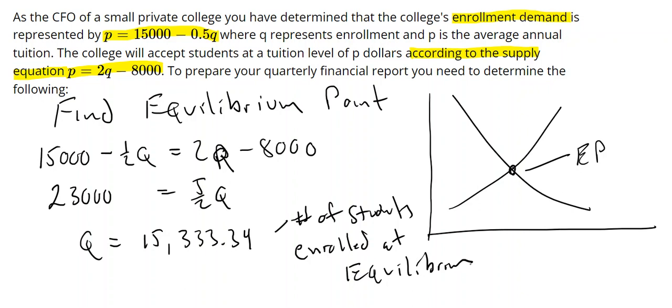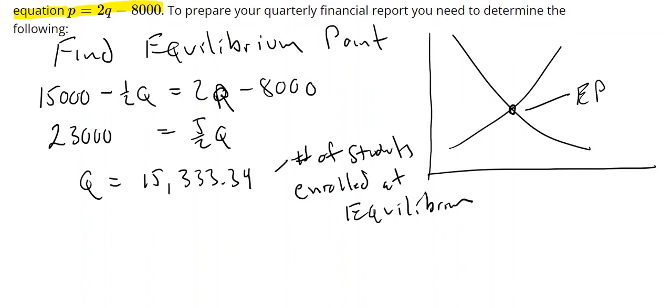The next thing we want to find is what is the tuition at equilibrium? That would be the price, the equilibrium price. So all we need to do now is take our equilibrium quantity and substitute it into one of the two equations, either the demand equation or the supply equation, whichever one is easier. So I'm going to substitute it into the supply equation.